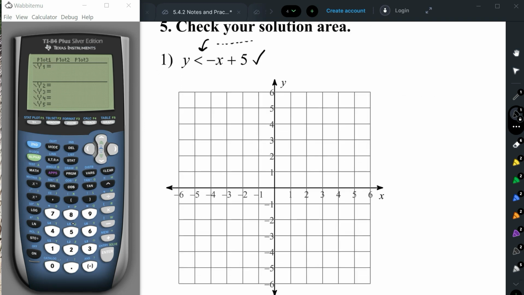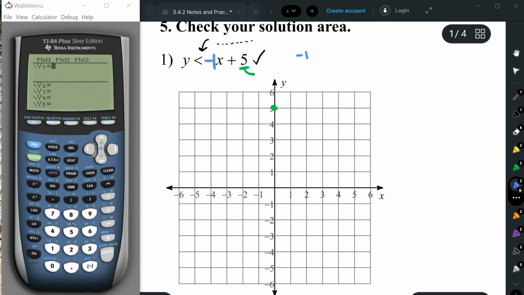You should hopefully remember that 5 is our y-intercept, and that means we're going to plot on the y-axis 5. In front, that is our slope, which is rise over run. So we have a -1 rise, and we're going to go 1 to the right. Or, remember, that is a 1 rise and 1 to the left.